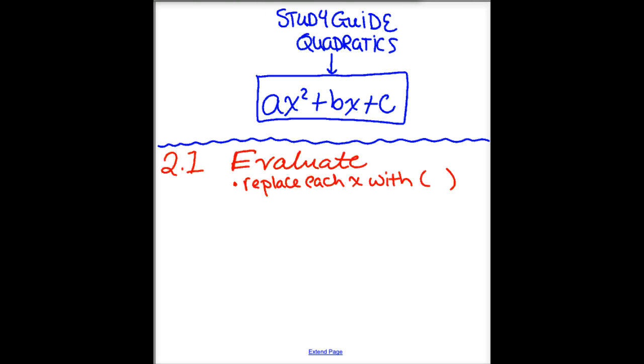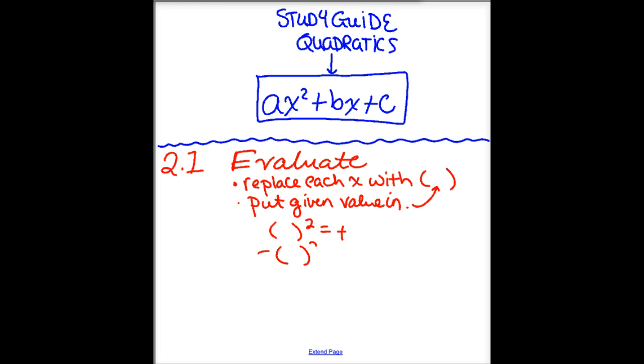Every place you see an x, you're going to replace it with parentheses. And then in the parentheses, put the given value in.